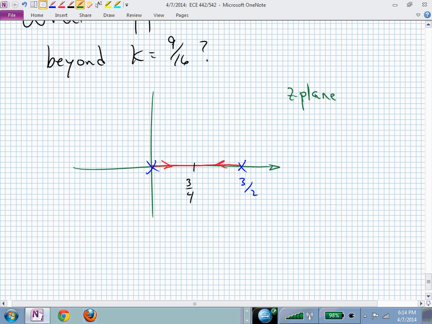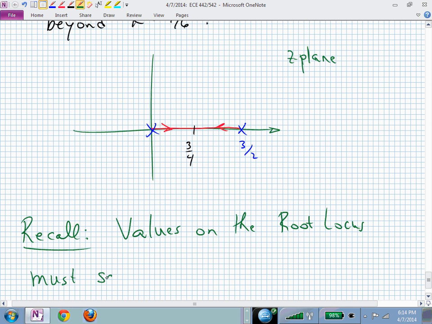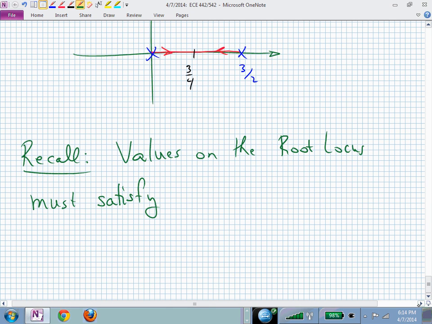What do we know? Well, now let's remind ourselves of information that we have in play. Values on the root locus must satisfy 1 plus kg of z equals 0.